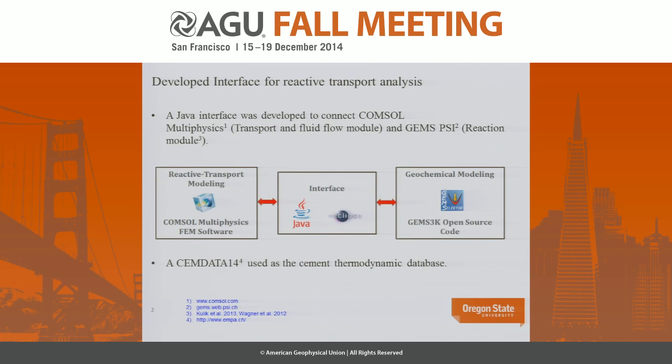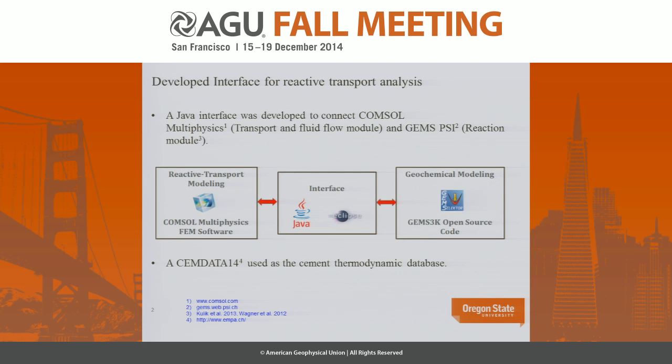For the purpose of the reactive transport process during the degradation of the cement, we developed a Java interface which connects two software packages. One is COMSOL Multiphysics, which is a finite element software and has a Java API interface, and the other is GEMS PSI, which includes thermodynamics and does the geochemical modeling.